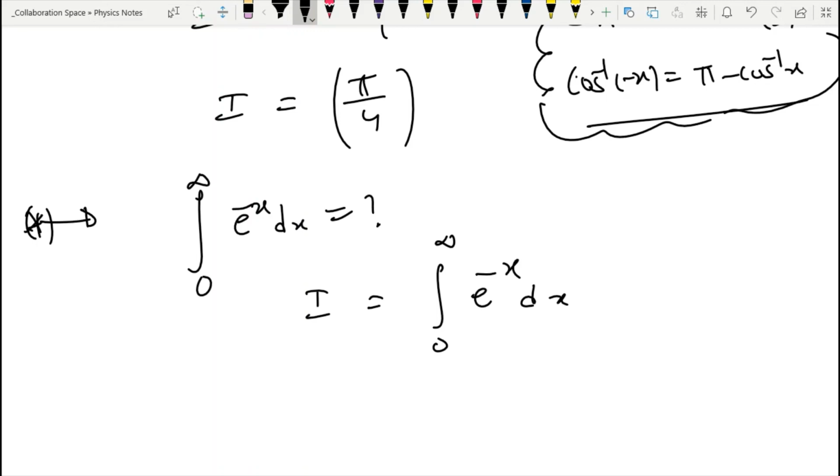Students, this integration is very important. Very, very important. I think you people don't know about this integration. The integration that we are discussing in the present basic mathematics class is very useful in all the chapters in physics. All the chapters, from starting to ending. Even in nuclear physics also.